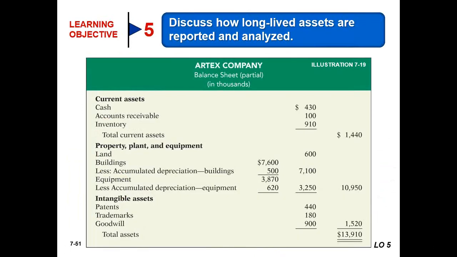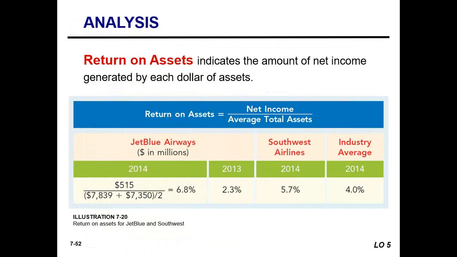So how do we analyze these things? Remember, that's part of what you do as managers, is analyze your financial statements. Return on assets. The amount of net income generated by each dollar of assets.